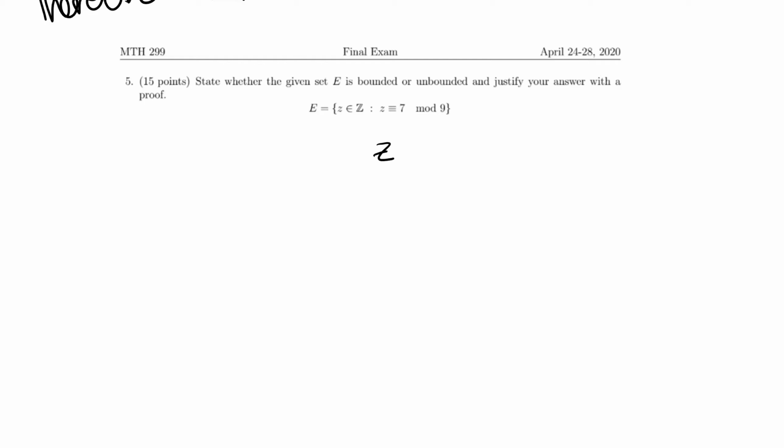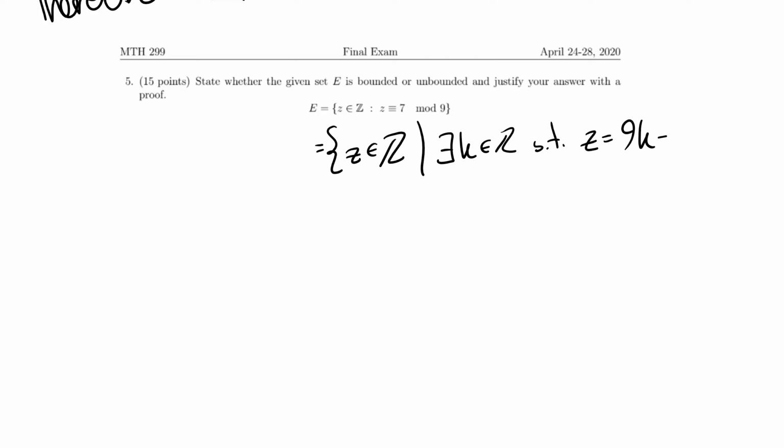Another way for us to say this is we want integers z such that there exists some k in the integers such that z equals 9k plus 7.